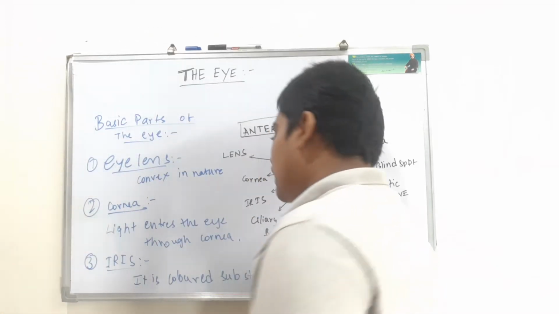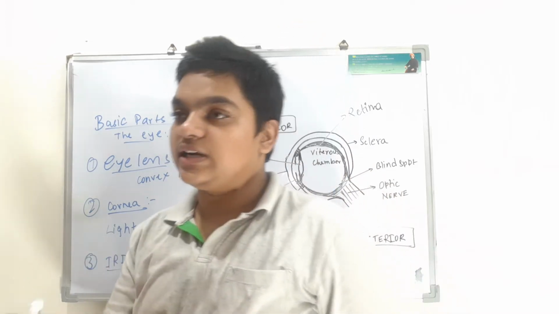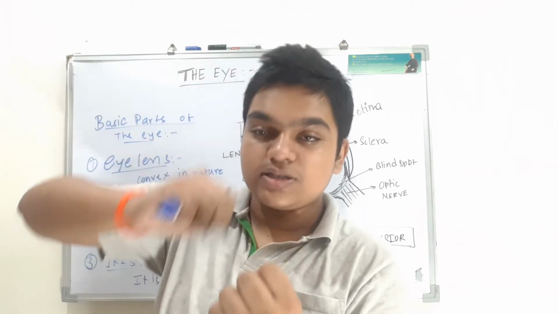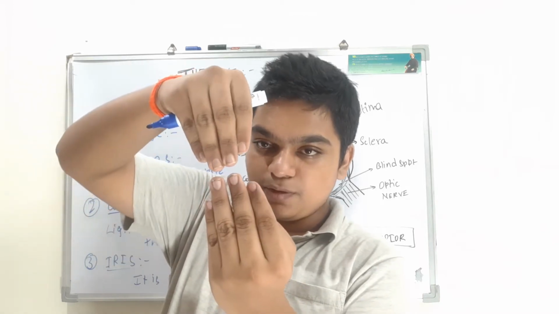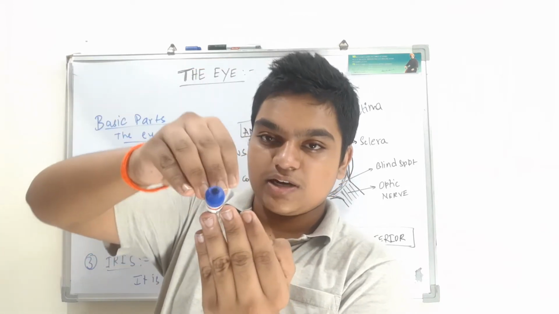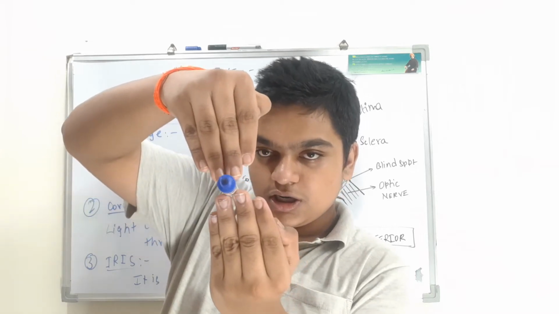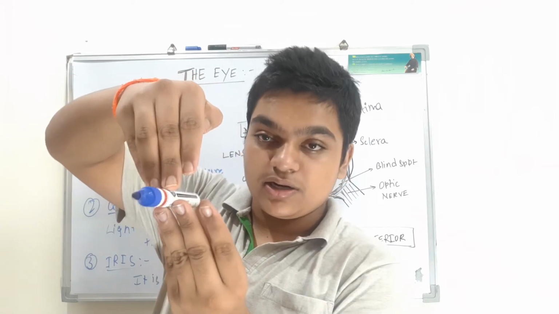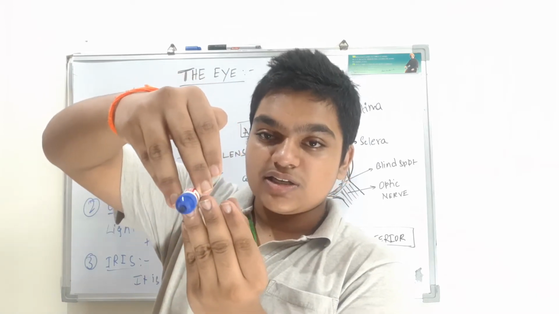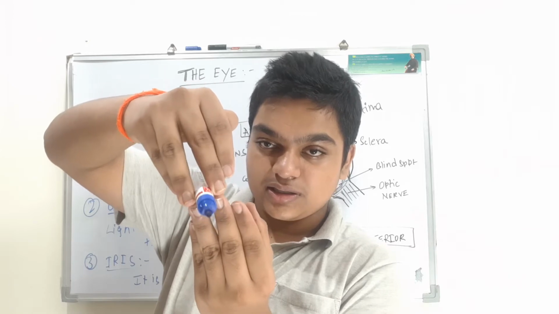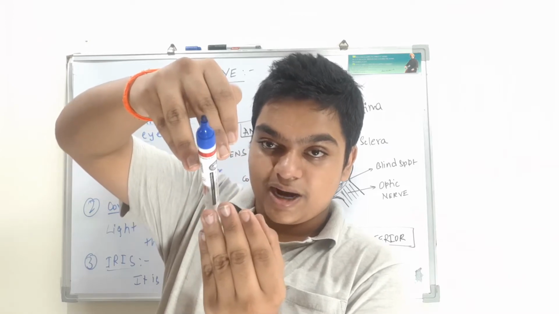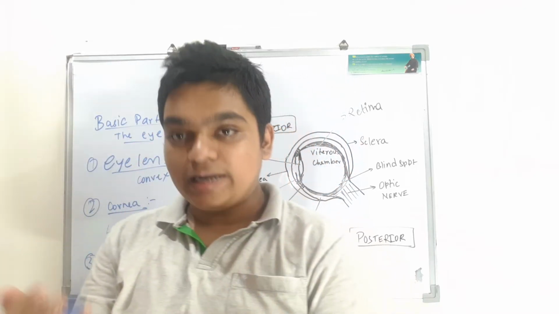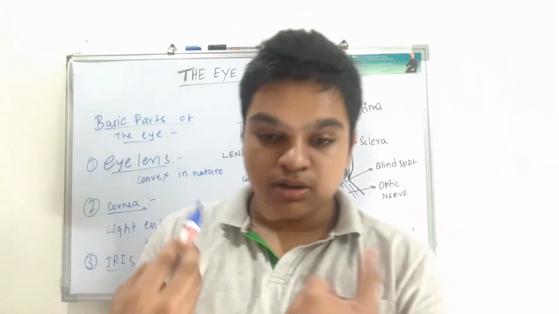Okay, got it. And that amount is regulated by the iris muscles. If these are your iris muscles, in between is the pupil. Now, to regulate the amount of light entering, if I want more light to enter, these iris muscles contract like this, they expand so that there is more space for the pupil, and more light enters the eye.